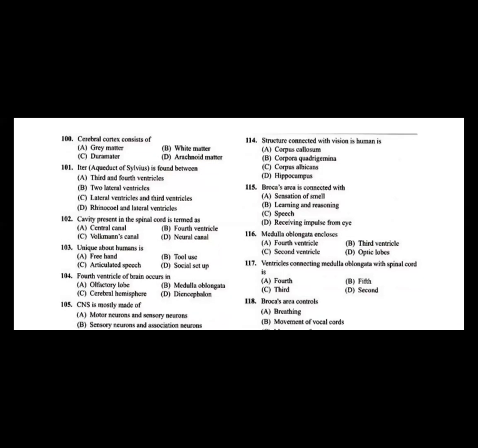Now, question number 101, the part of the brain, iter, that is the aqueduct of Sylvius, is found between. If you remember in the class, students, we discussed the different types of ventricles. There are four ventricles in the brain.